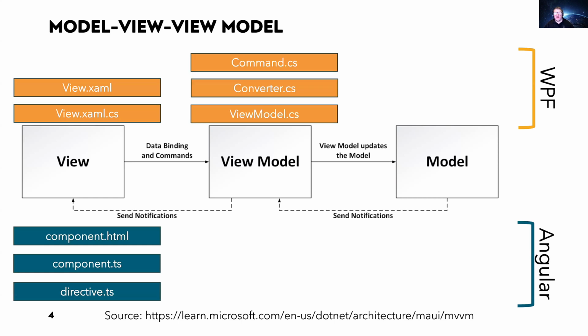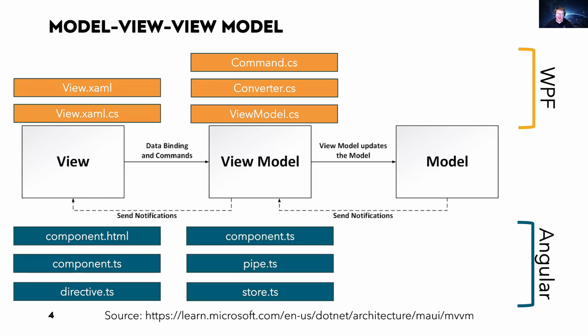It has converters for transforming data and commands for handling user interaction. All three of those concerns are typically present in Angular components, but the view model layer for an Angular application also contains pipes with specific transformation logic, as well as stores for the rest of the view state.